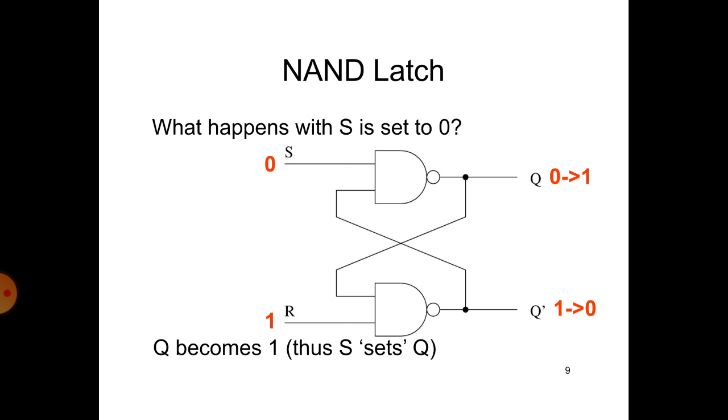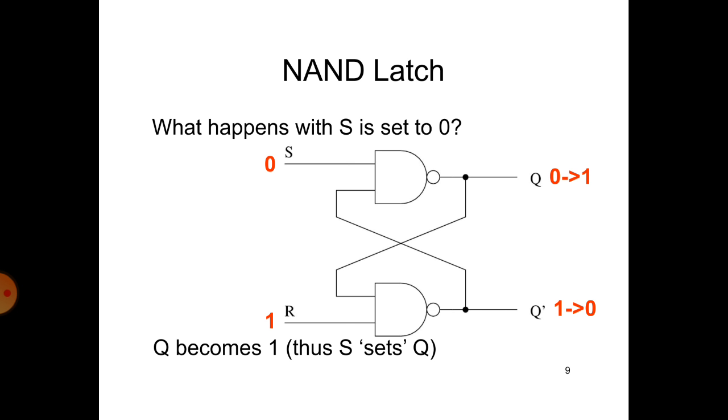The next case is S equal to 0, R equal to 1. Here 0 transitions to 1, and 1 transitions to 0. S equal to 0 is given to the NAND gate.